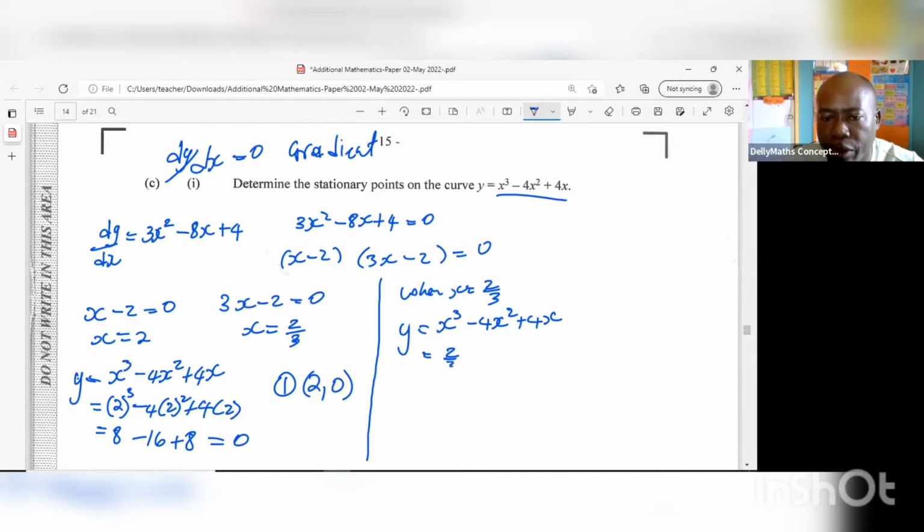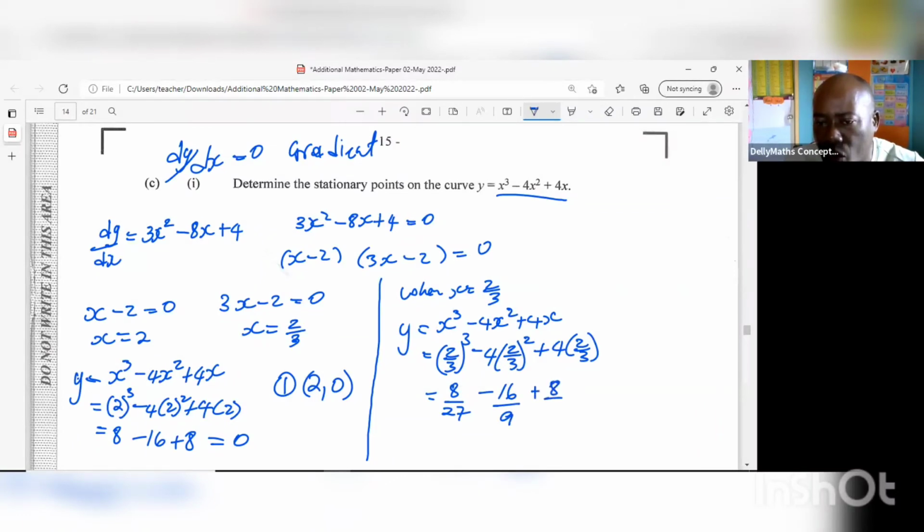So I'll have (2/3) cubed minus 4 times (2/3) squared plus 4 times 2/3. Could go ahead and put this on our calculator one time, but we could work it out a little bit. I'll end up with 8 over 27. This part gives me 4, so this is 16 over 9. And this is going to give me plus 8 over 3. Right, so I'll have all of that.